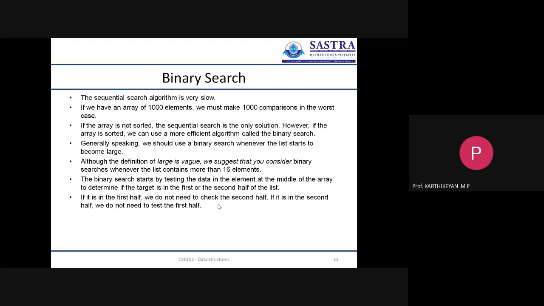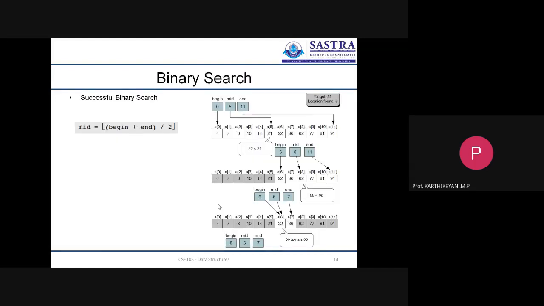Now let us take this example. In binary search, we use three variables: begin, end, and middle. All three are indices. Begin means the index of the first element, end means the index of the last element, and middle means the index of the middle element.